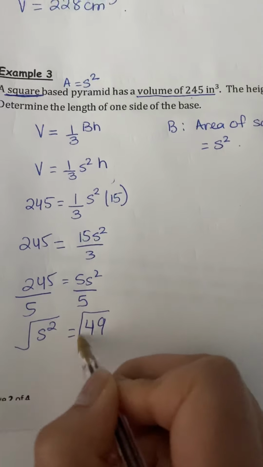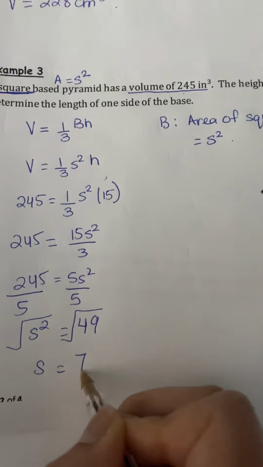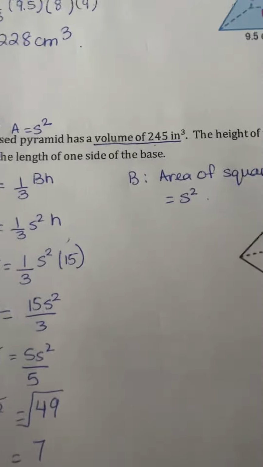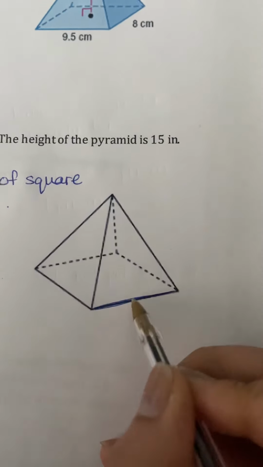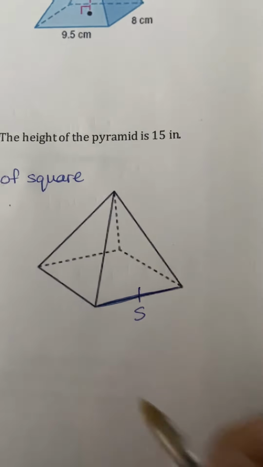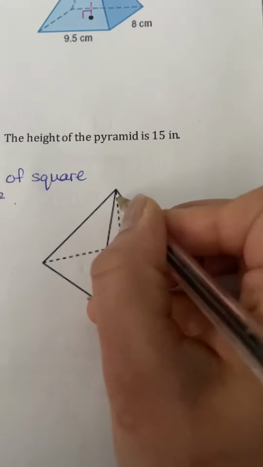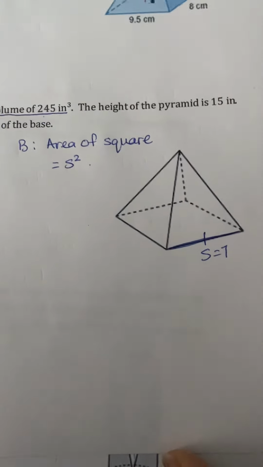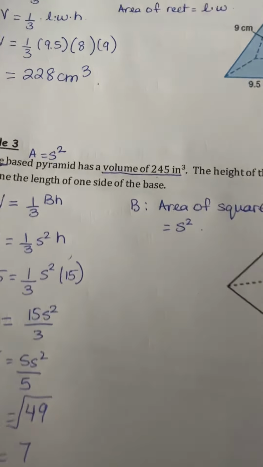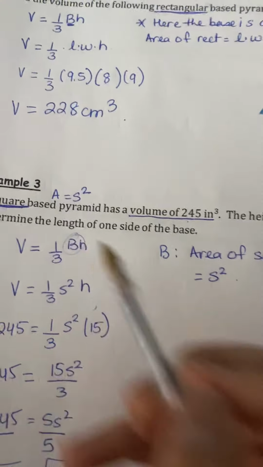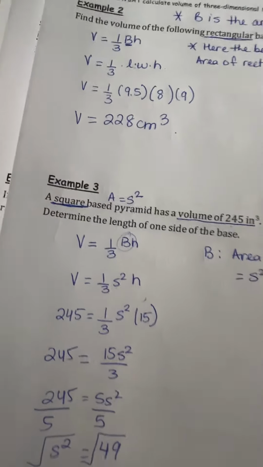You take the square root. So s is equal to 7. So the length of one side of this pyramid is 7, right? We really didn't need the picture for it. It was more about understanding what I would substitute my big B with.